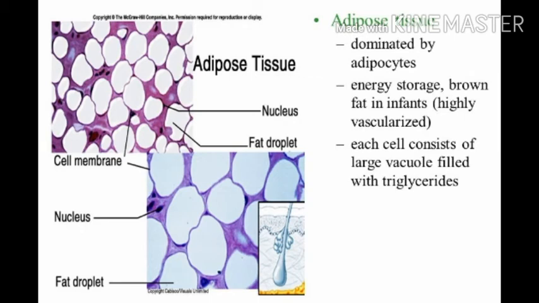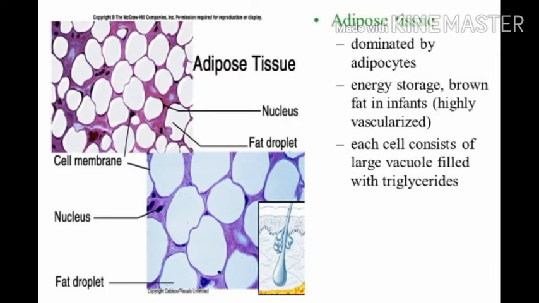The second type of connective tissue is called adipose tissue. Adipose tissue is made up of cells called adipocytes. Their main function is storage of fats, especially brown fat in small children. So it is a storage tissue which stores fats.